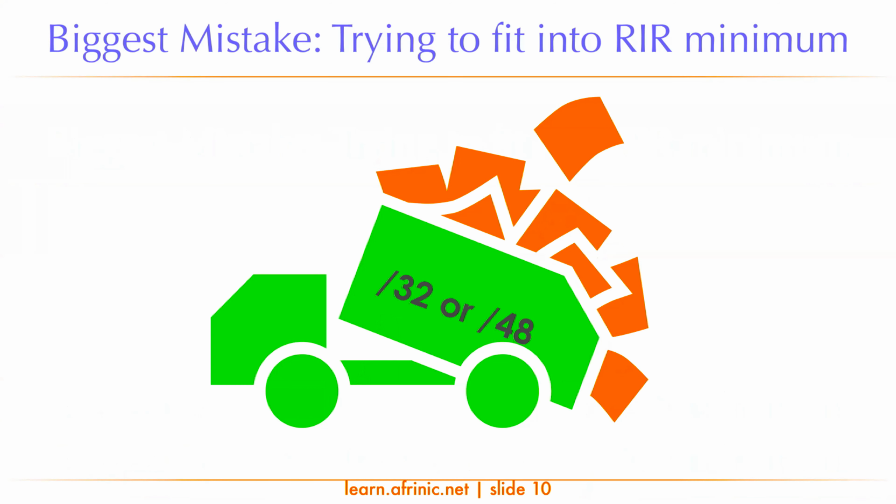AFRINIC by default and other RIRs, RIPE, ARIN, and the rest, have a minimum block that they give you. So it is very common for organizations to underestimate their IPv6 needs, because think of it, you're getting a whole /32 or a /48.